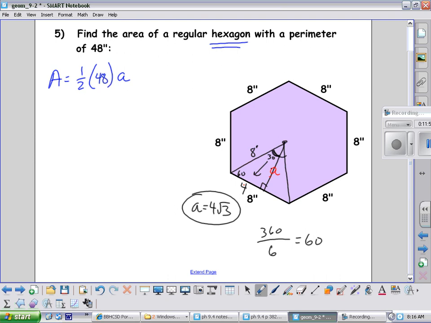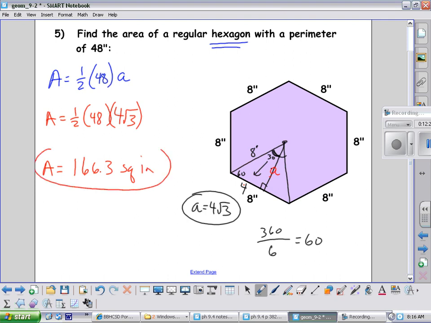So now the area equals 1/2 times 48 times 4 square root of 3, and that just becomes 24 times 4 square root of 3. As a decimal, I get 166.3 square inches, right?